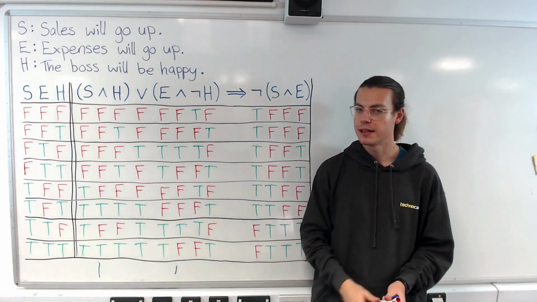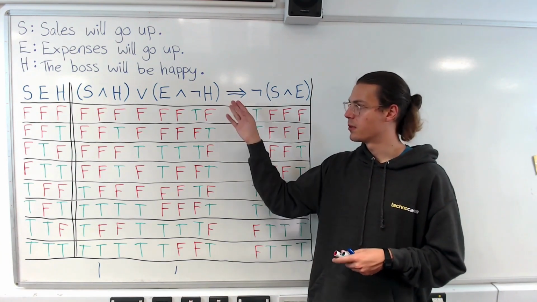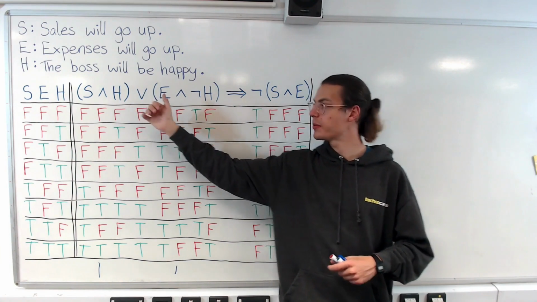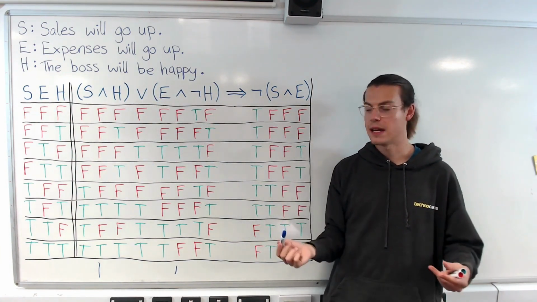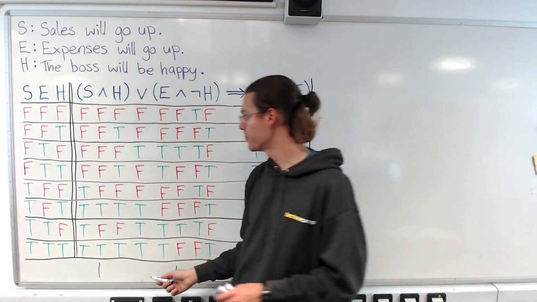Now the last thing to do is to fill in the implication column. Now we're looking for the values of the premise implies the conclusion. Now the truth values of the premise are given by our OR column that we just filled in.